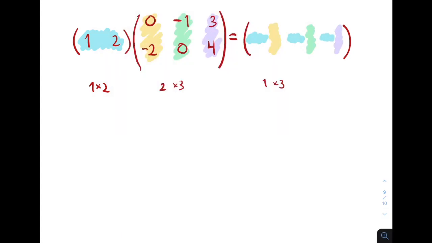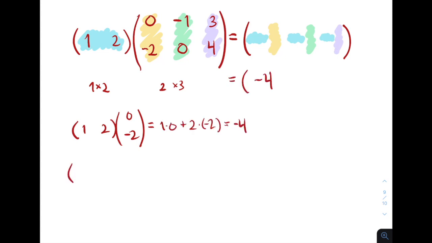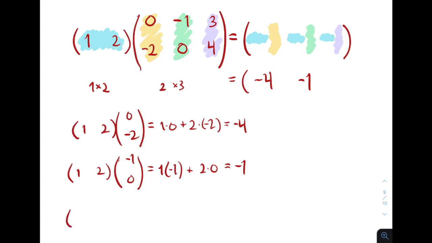For our result, we're going to need to find 1, 2 times 0, negative 2. We'll need to know 1, 2 times negative 1, 0. And we'll need to know 1, 2 times 3, 4, which should be 11.